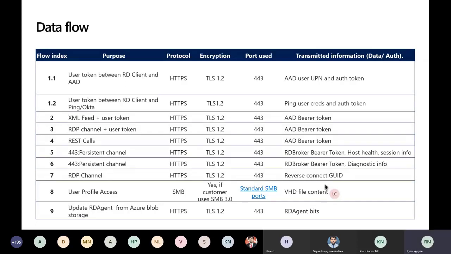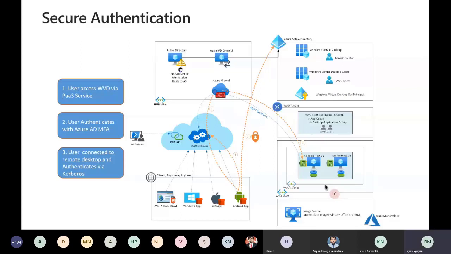They only use the secure port 443. That is the reason why WVD is more secure than other remote desktop solutions. And as I mentioned, you can access WVD using MFA or do authentication via the Capital.